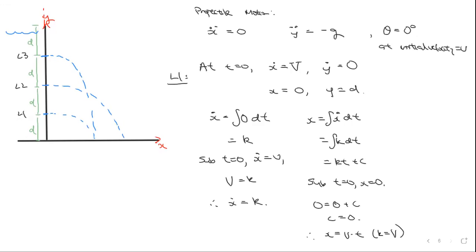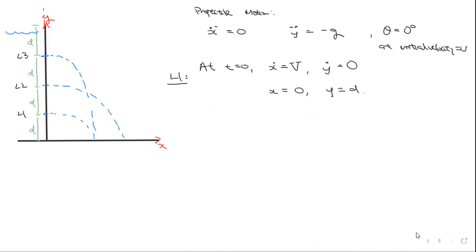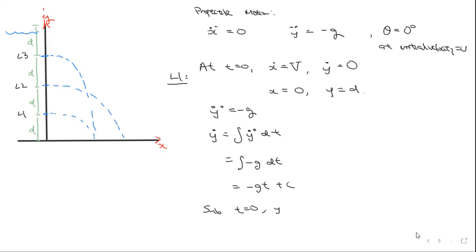All quite straightforward. We'll do the same thing for y. So you've got y double dot equals negative g. So y dot would equal the integral of y double dot with respect to t, which is the integral of negative g with respect to t, which is negative gt plus c. You would substitute the fact that at t equals 0, y dot equals 0, meaning 0 equals 0 plus c, so c equals 0.